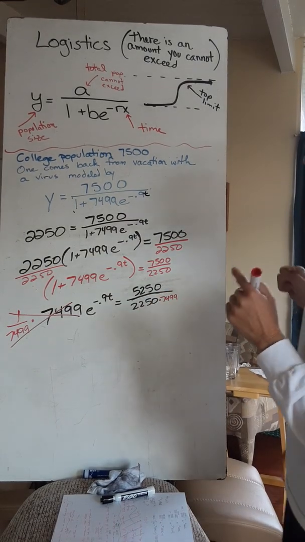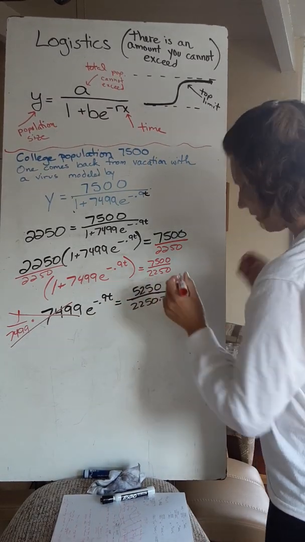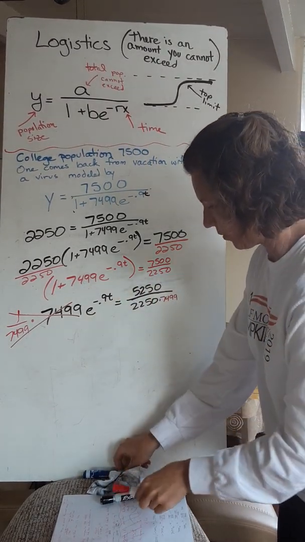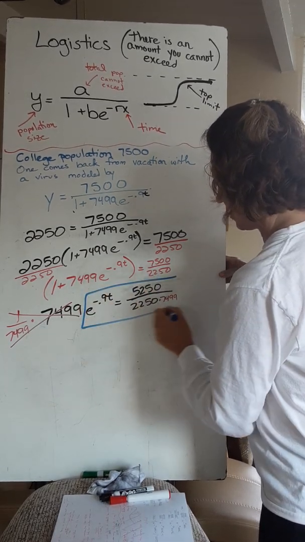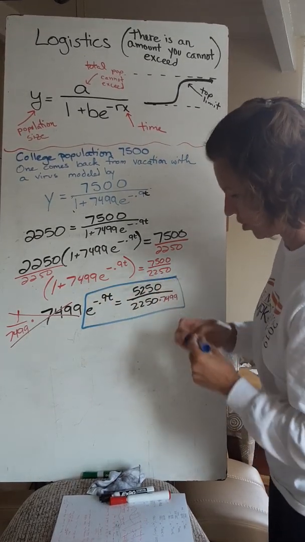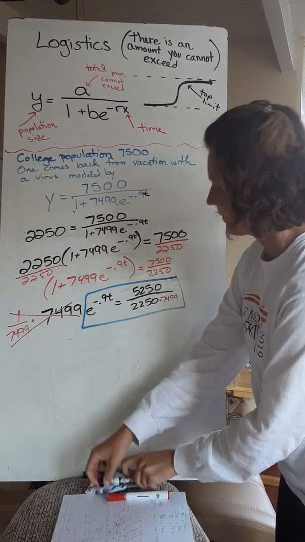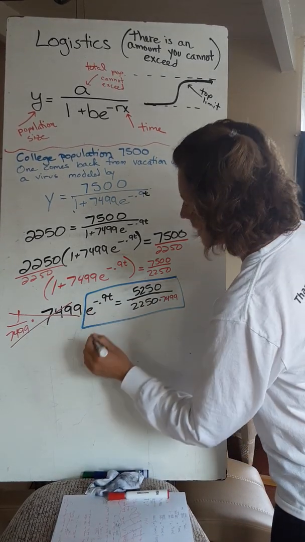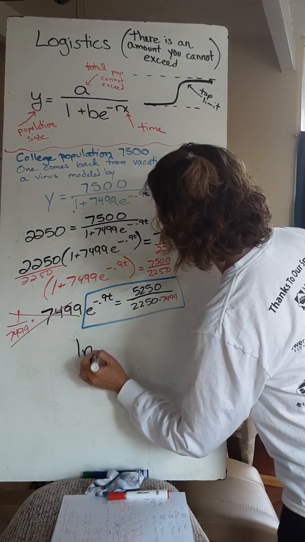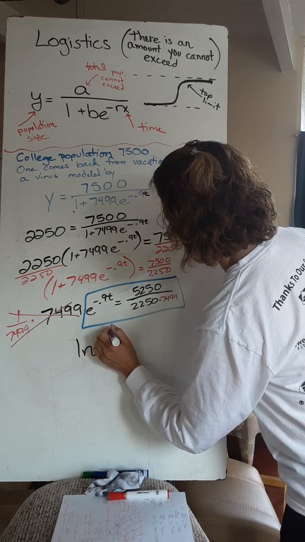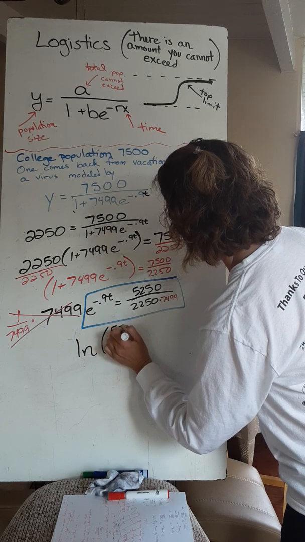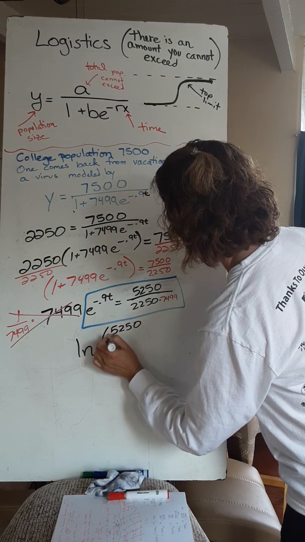So now that I'm here, I need to figure out how to change this into a natural log. So base e means natural log of this number, 5250 over 7,499.